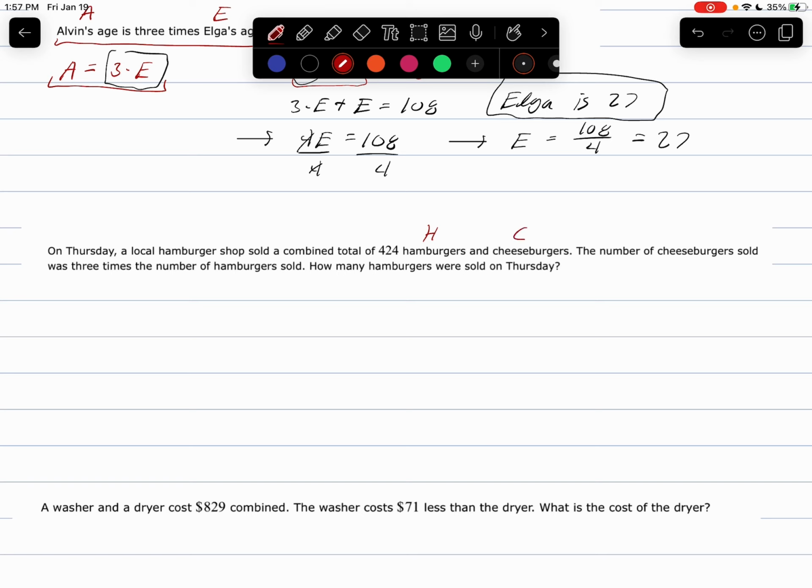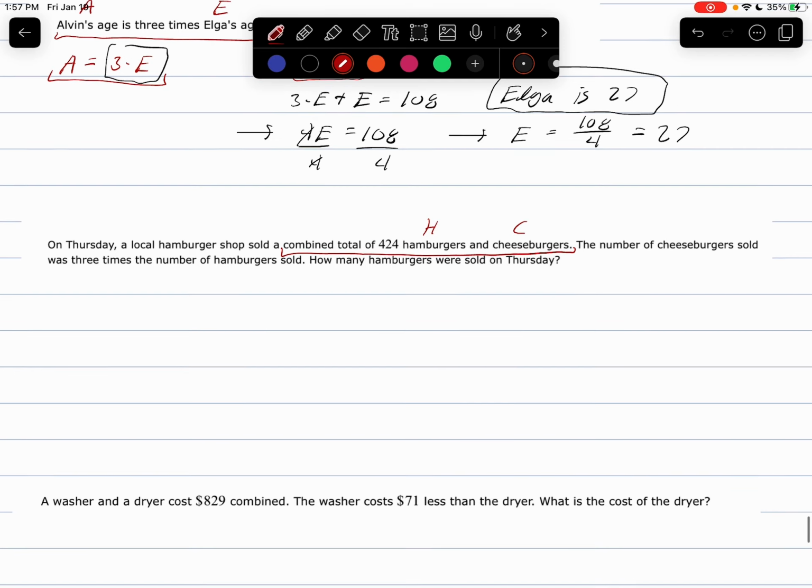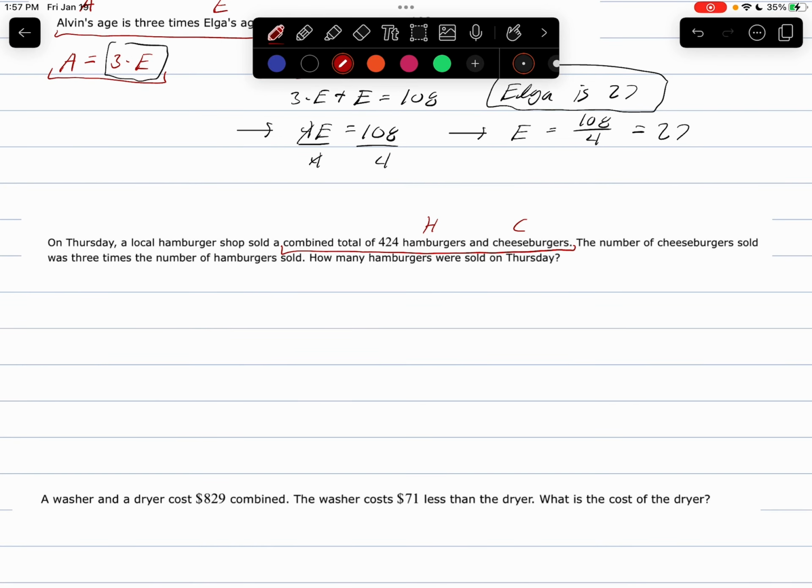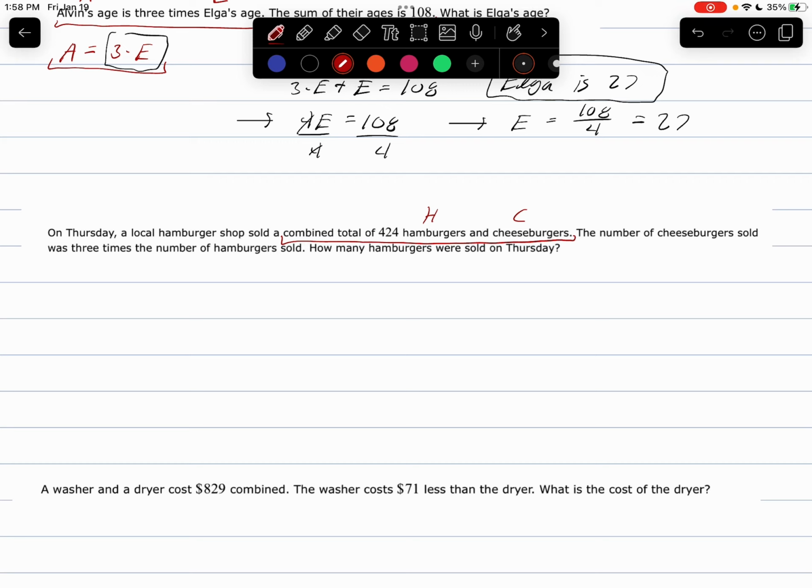The first thing we see here is that they sold a combined total of 424 hamburgers and cheeseburgers. A combined total of these two means if you add everything up, there were 424 individual items sold. So we can write this as an equation: H plus C is equal to 424.